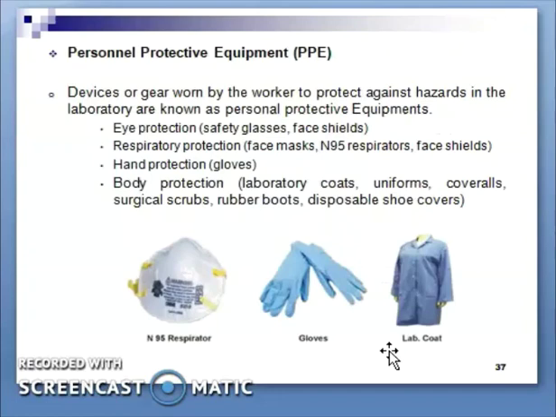The next type or class of the biorisk mitigation is personal protective equipments, which we call PPE. These PPE or devices are gear worn by the workers to protect against hazards in the lab, which include equipments for eye protection like safety glasses, face shields, goggles, etc. Respiratory protection: we use face masks, N95 respirators, face shields.